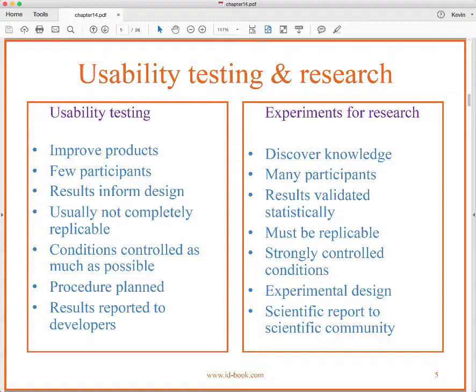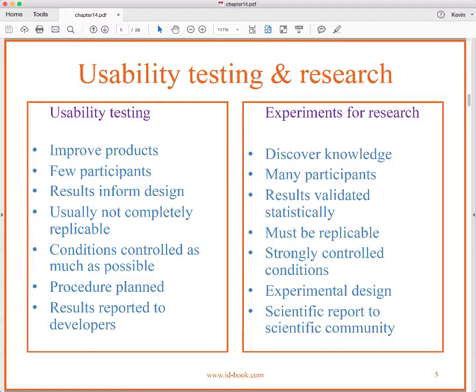So we're going to even go further in terms of controlling the conditions. We're going to pay quite a bit of attention to experimental design. So it's not only going to be a planned procedure, we're going to have a formal experimental design. And the output of this is going to be a scientific report to a scientific community. Hopefully we're going to publish a paper in a respected journal.